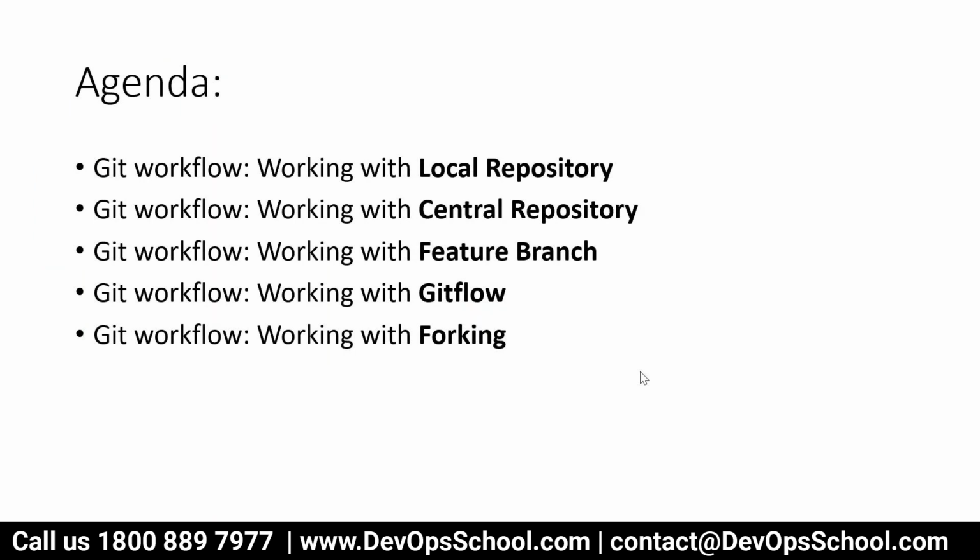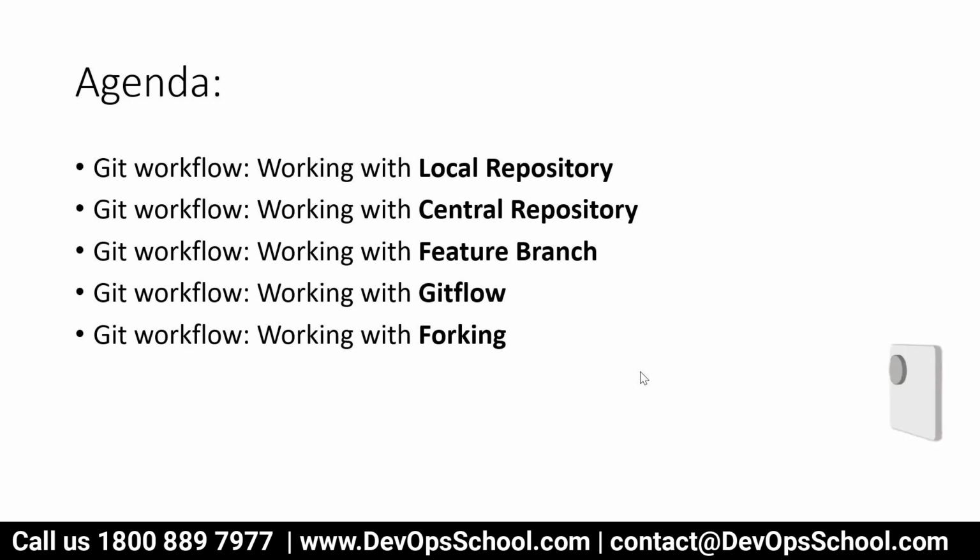Working with a local repository we have covered. That means we have one workspace, staging area, and repository. Working with the central repository also we have covered, that is with GitHub. Now working with the feature branch, git flow and forking.